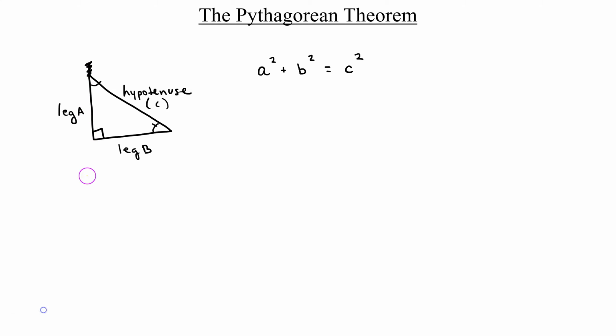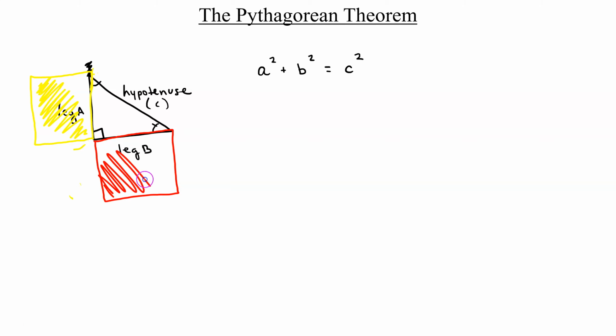And one way that you can think about it is if you have this length here, and then you take that same length, and we're going to extend it out this way, what we've drawn is a square. And a squared, that's like side squared, that's the area right here. B squared is like taking this length here and drawing it down to create a square.